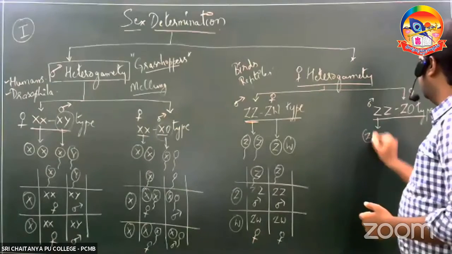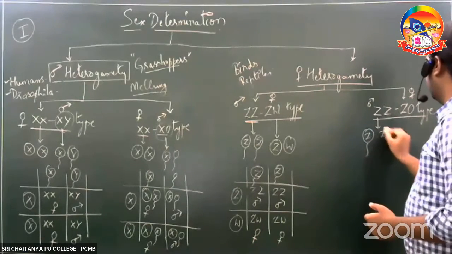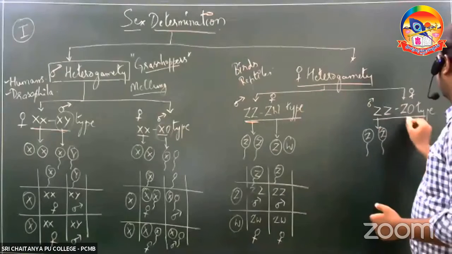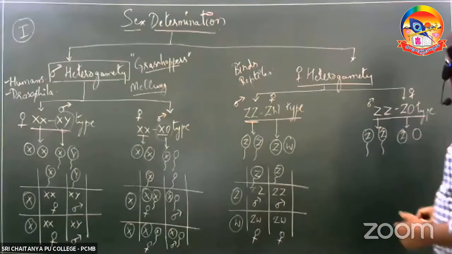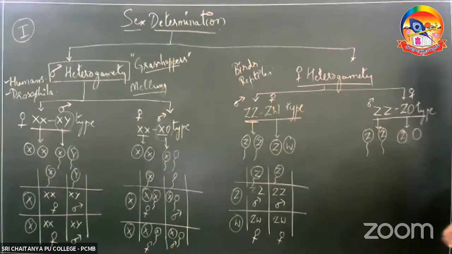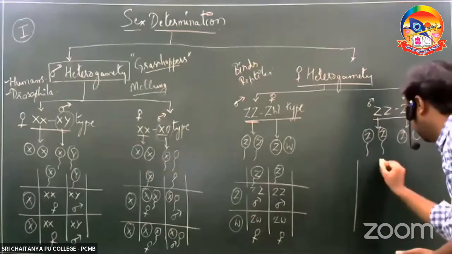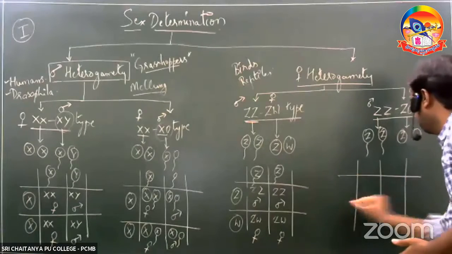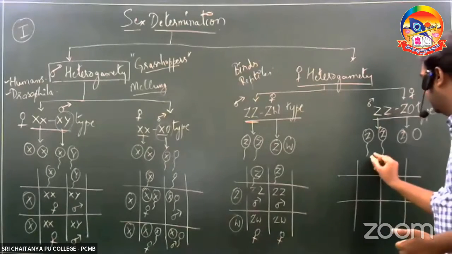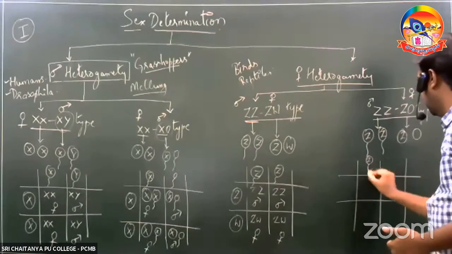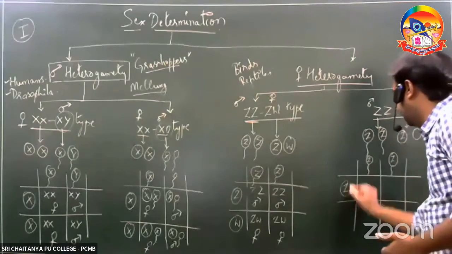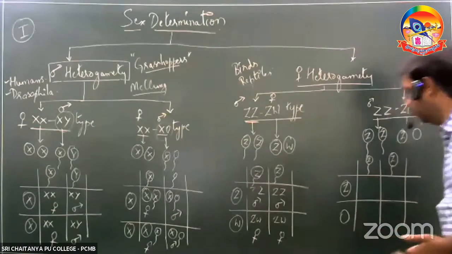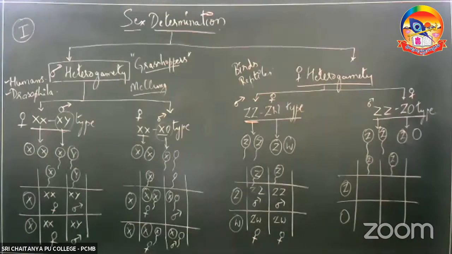This will have Z containing sperm, Z containing sperm, and this will have Z containing ovum, and the other ovum will not have any chromosome at all. So when we do the Punnett square for this, we would have the sperms containing the Z chromosome and the egg containing Z chromosome, and the other one without any allosome or sex chromosome.